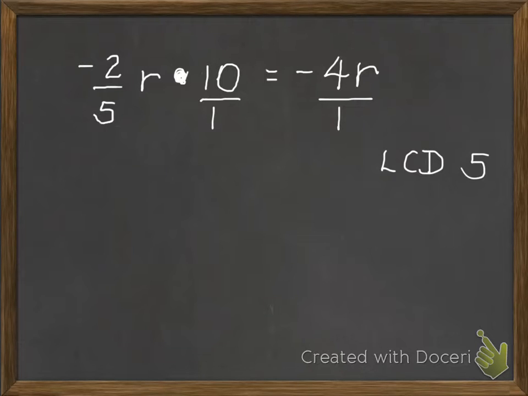And since we have one term on either side, we multiply this side by 5. And actually, you can just multiply like this. I'm going to multiply this by 5. And I'm going to multiply this by 5.